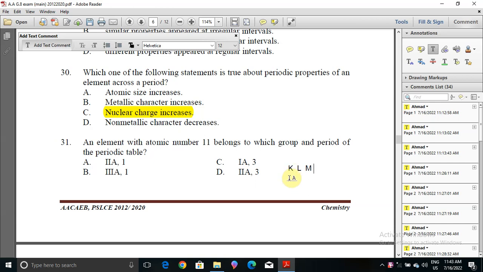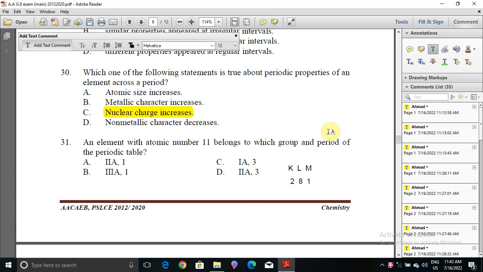Then down we have 11, so that means we make 2, 8, 1, right? 2, 8, 1, because 2 plus 8 is 10, 10 plus 1 is 11.